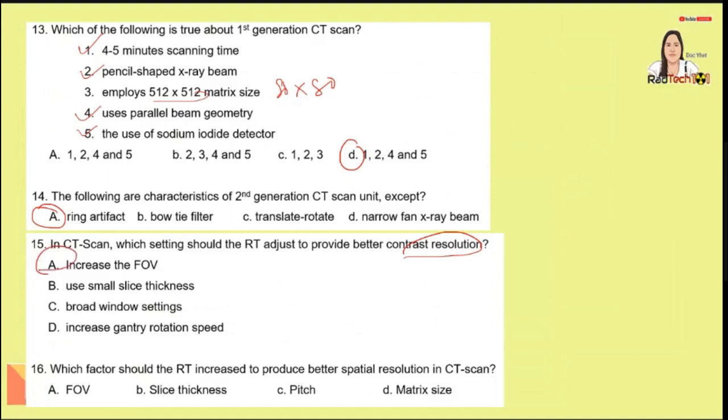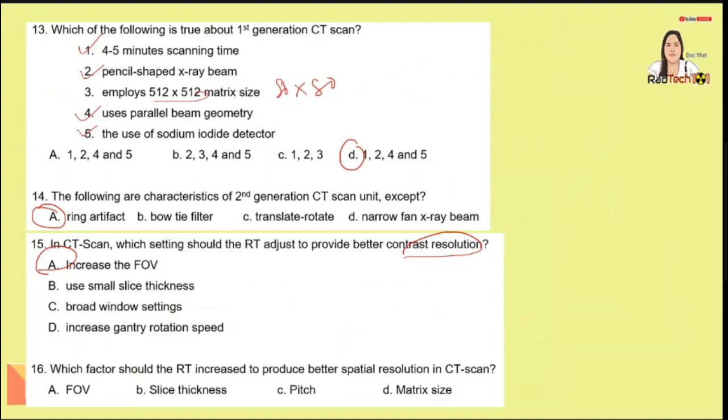As the FOV increases, the pixel also increases, as well as the number of X-rays passing through each pixel increases. So if we want a better contrast resolution, we increase the FOV. But if we want a better spatial resolution, we increase the matrix size.